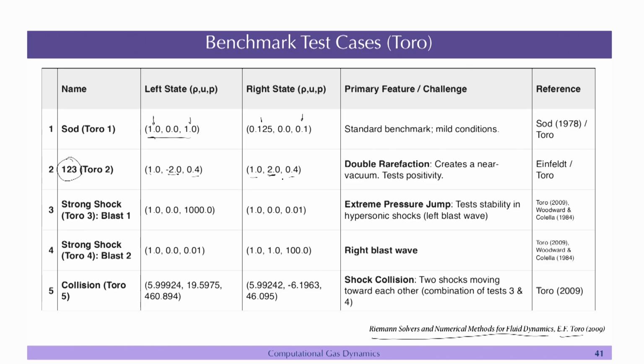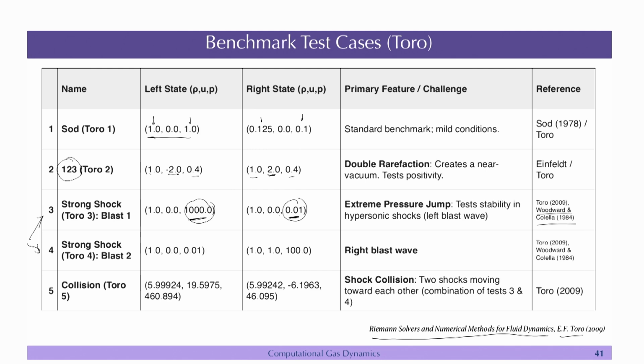Then there are cases 3 and 4, which are cases of the blast wave problem. Basically a left blast wave and a right blast wave problem, proposed by Woodward and Colella in 1984. If you look at this particular case, there is a very high jump in the pressure, very high pressure on the left and very low pressure on the right.